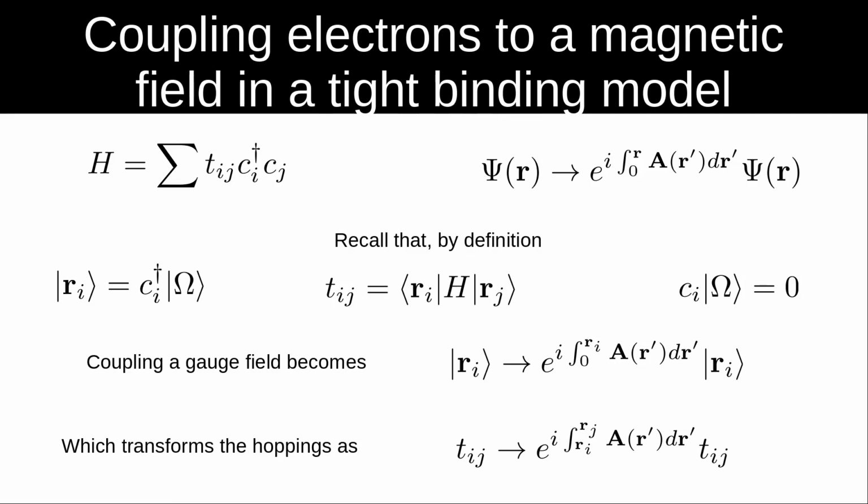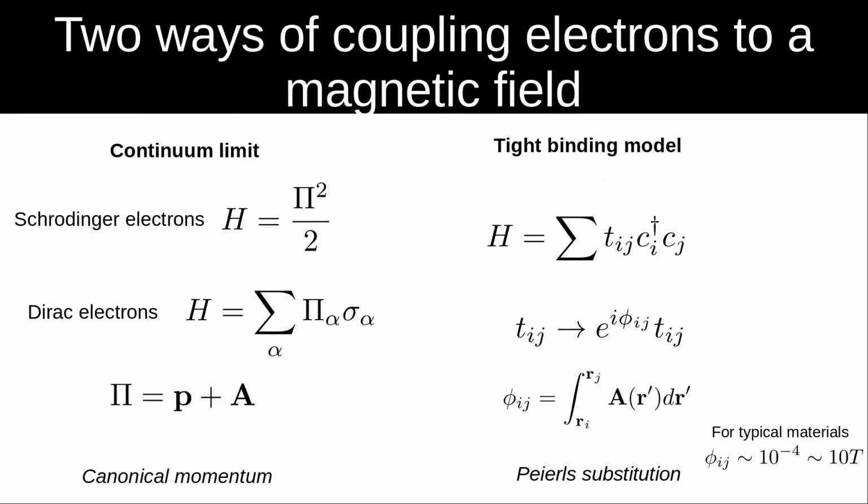So the formula that you have at the very bottom. Again, this is a replacement that you automatically get once you put the dependence of the magnetic field entirely on the local wave functions, and you look at what your actual definition of the hopping is in terms of matrix elements.